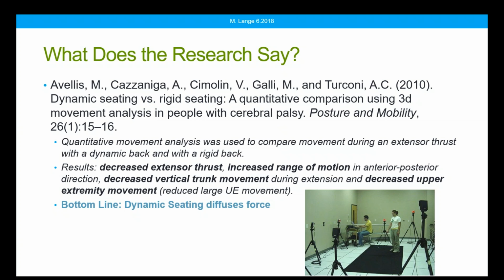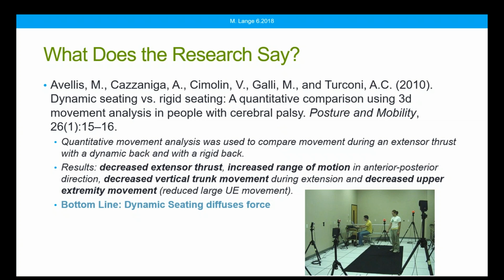And they did this with a rigid back and then compared it with a dynamic back. And the results were that when using a dynamic back, there was decreased extensor thrust, increased range of motion, which makes sense because the client can move and they couldn't before, decreased vertical trunk movement.